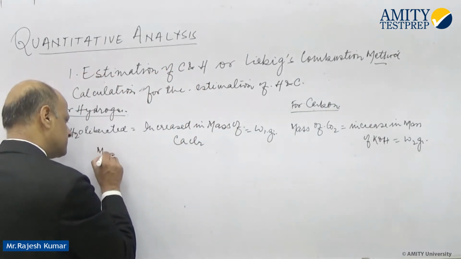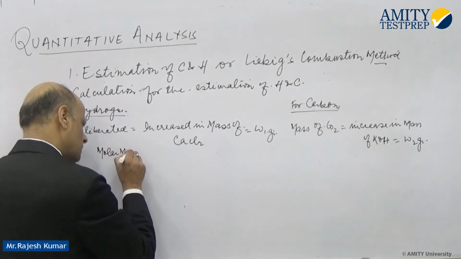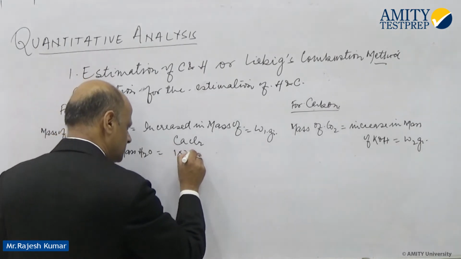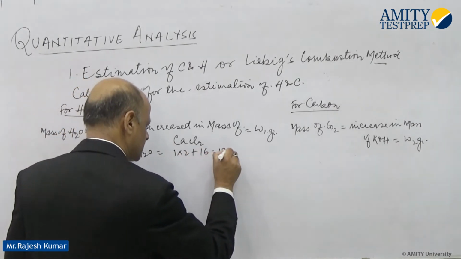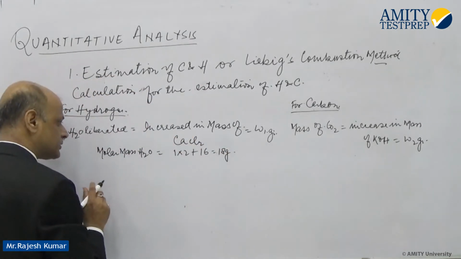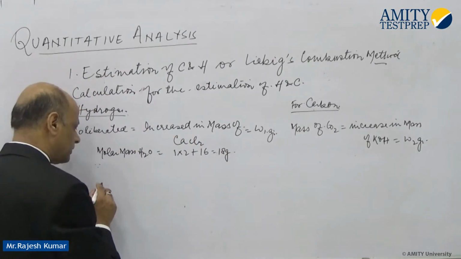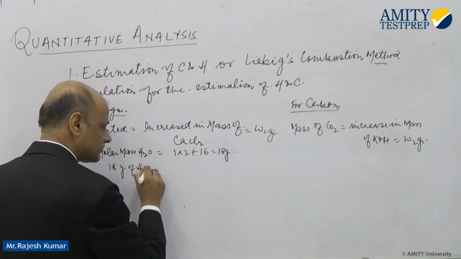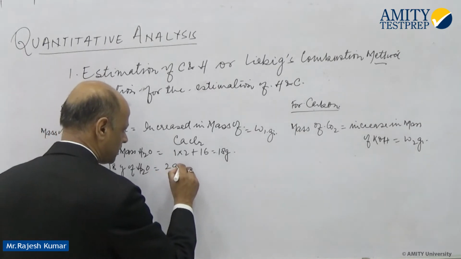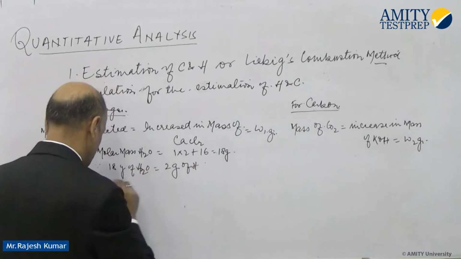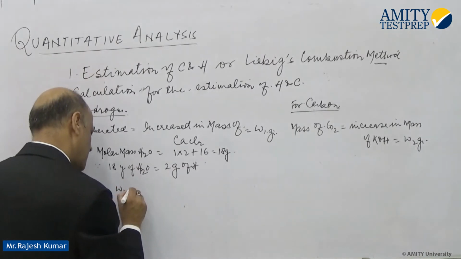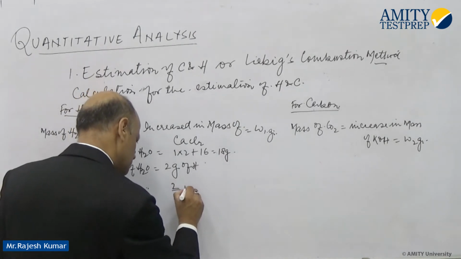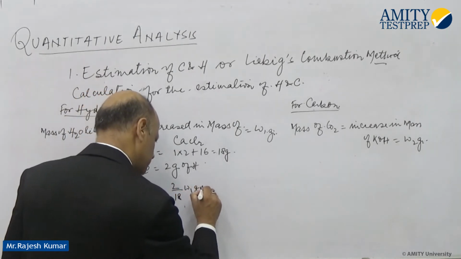The molar mass of H2O is 1 into 2 plus 16, equal to 18 gram. As per stoichiometry, 18 gram of H2O contains 2 gram of hydrogen. Therefore, W1 gram of H2O will contain 2 upon 18 into W1 gram of hydrogen.